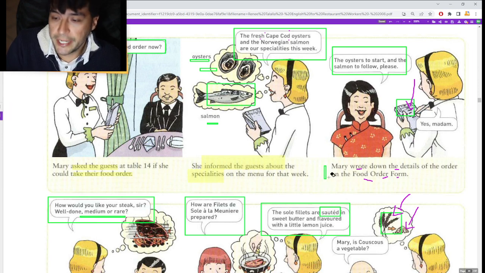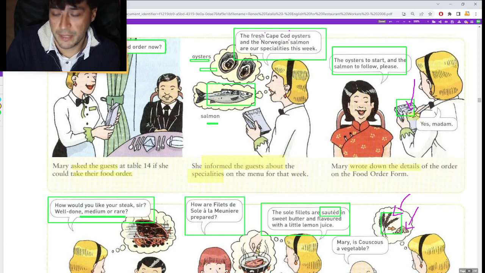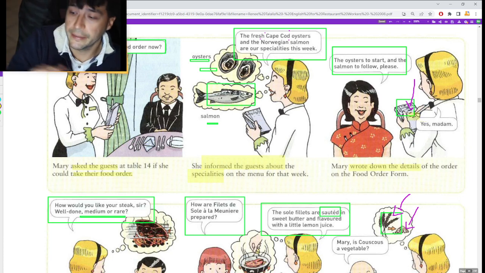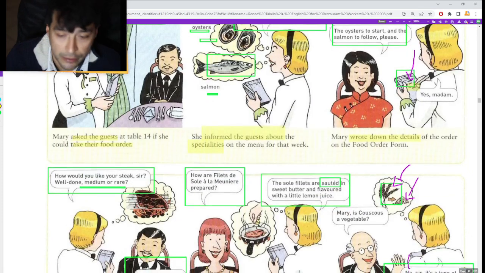Excellent. Picture 3: Mary just wrote down the order, the details in the order form. Look, she's writing. She said, yes ma'am, writing the details.